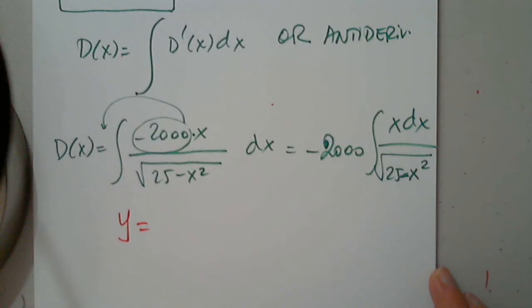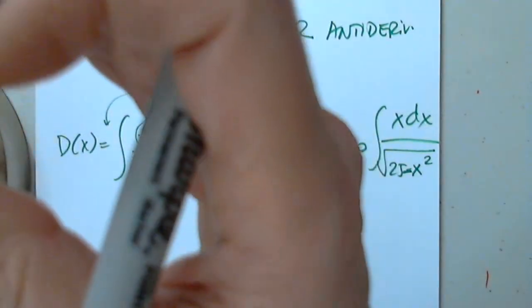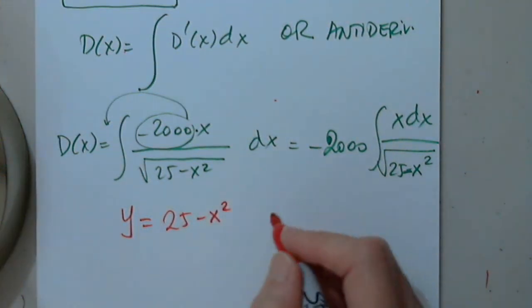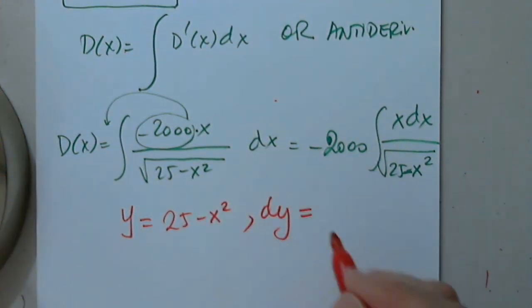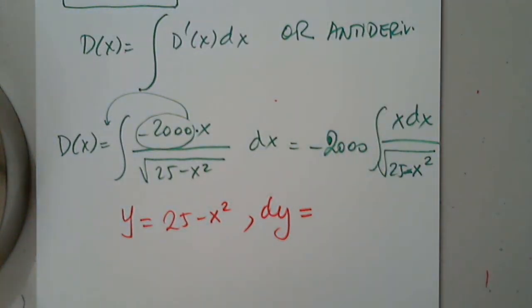Ready. Can anyone give us a substitution? Anything? 25 minus x squared. Of course. That's the problem. Now I need dy. I cannot change anything here before I find dy.